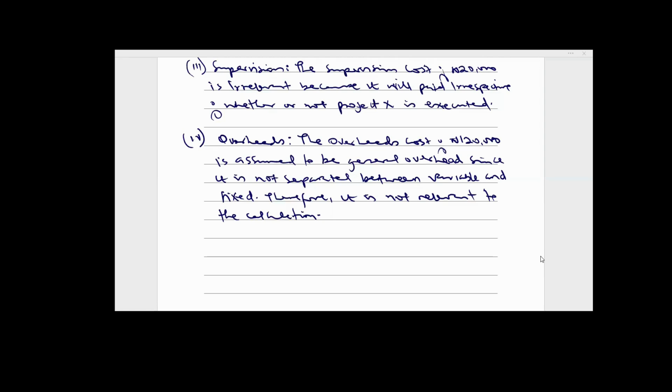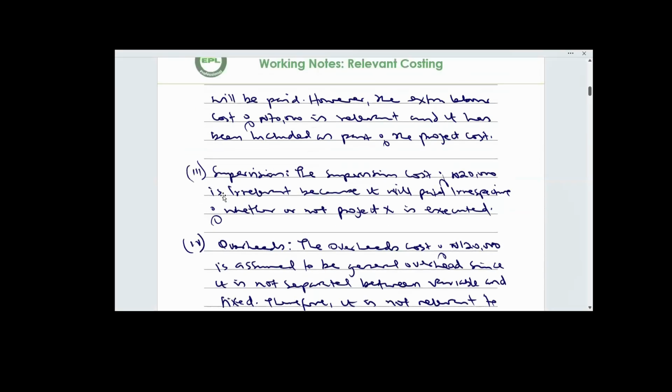The company wouldn't have purchased the machinery if not because of this project X. Therefore, the 100,000 naira will be incurred on the project. However, at the completion of the project, the machinery will be disposed at 52,500 cash inflow savings. Therefore, 100,000 minus 52,500, which is 47,500. It means that the actual cost incurred on machinery on this project is 47,500.